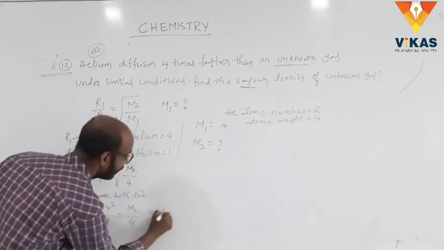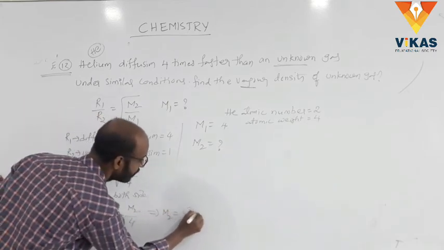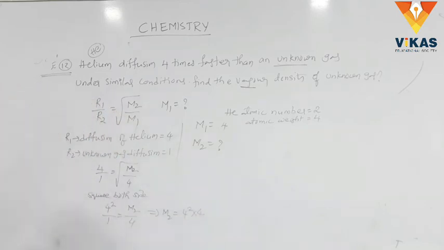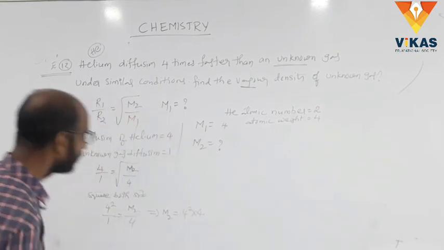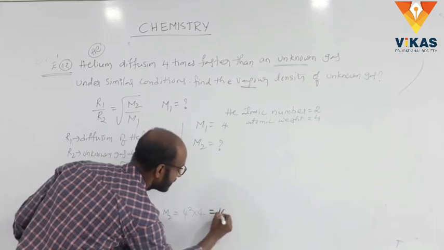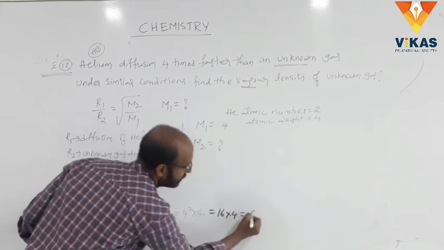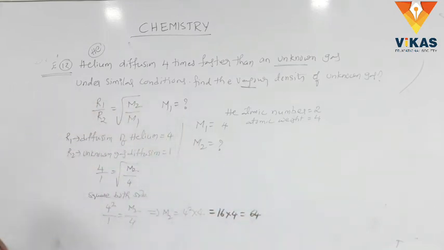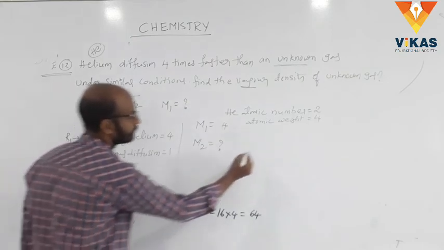We get the M2 value: M2 is equal to 4 square into 4, that is 4 into 4, 16, into 4, that is equal to 64.